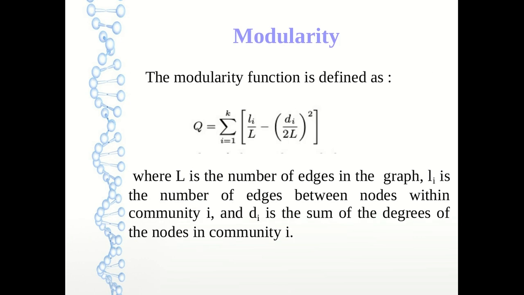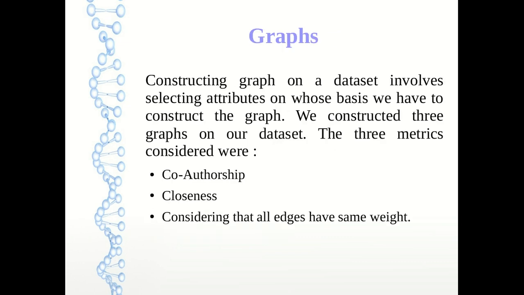The modularity function is defined as Q equals sigma i equals 1 to k of (l_i upon L minus (d_i upon 2L) the whole squared), where L is the number of edges in the graph, l_i is the number of edges between nodes within community i, and d_i is the sum of degrees of the nodes in community i.